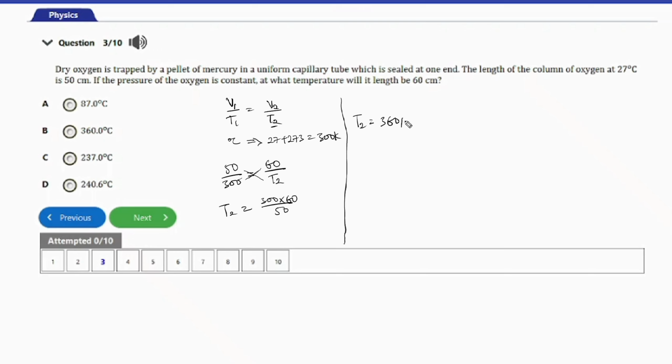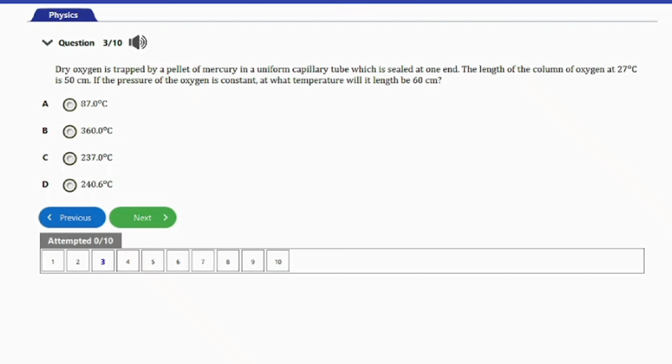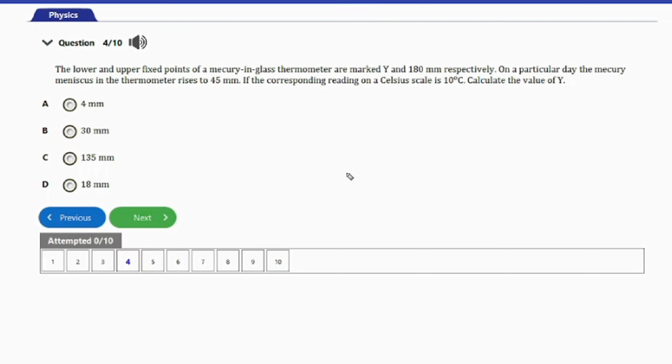But let's also recall that the options here are in degrees Celsius, so we'll convert this 360 Kelvin to degrees Celsius by subtracting 273, and that will be 87 degrees Celsius. So option A is the answer to this question. Let's go ahead and consider the next question, guys. So that's question number 4 here.